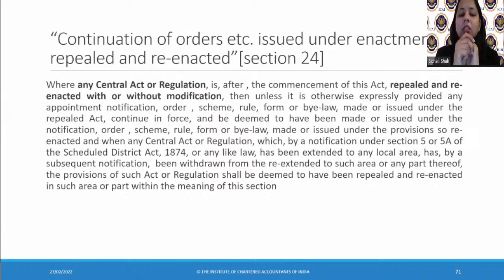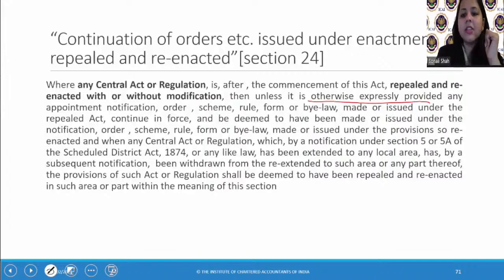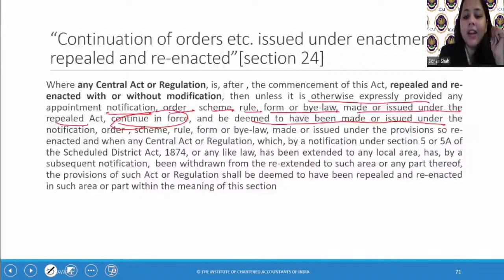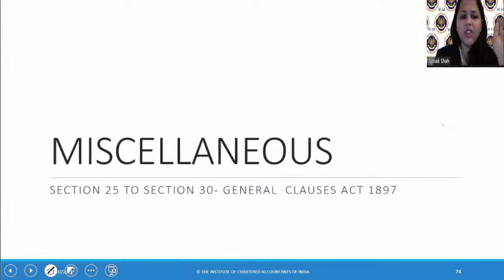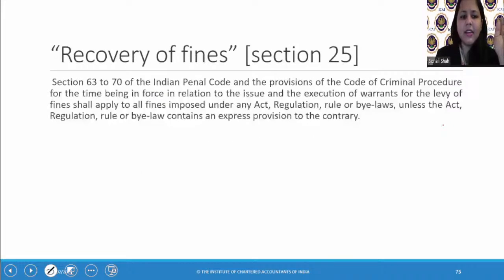So if there were orders issued under a previous act, but that act has been repealed and reenacted, then unless it is otherwise expressly provided, any appointment, notification, order, scheme, rule, form or bylaw made or issued under the repealed act will continue in force and will be deemed to have been made under the reenacted law. This is what is provided for in section 24. The rest you can read on your own. There's nothing fancy here.